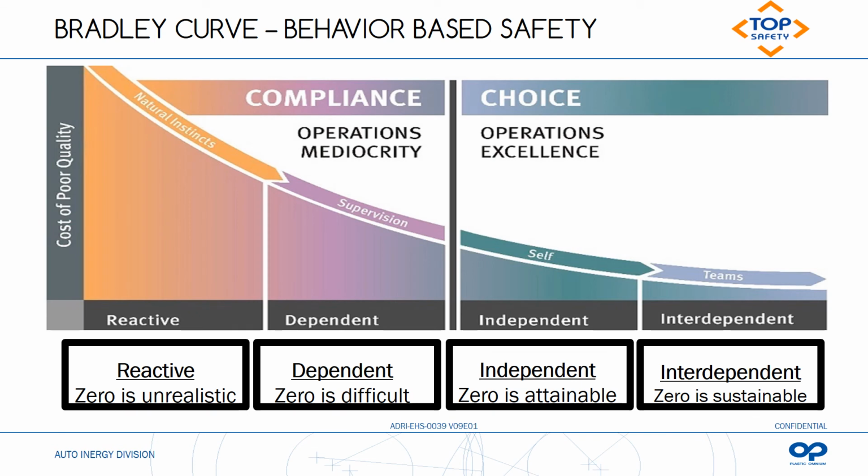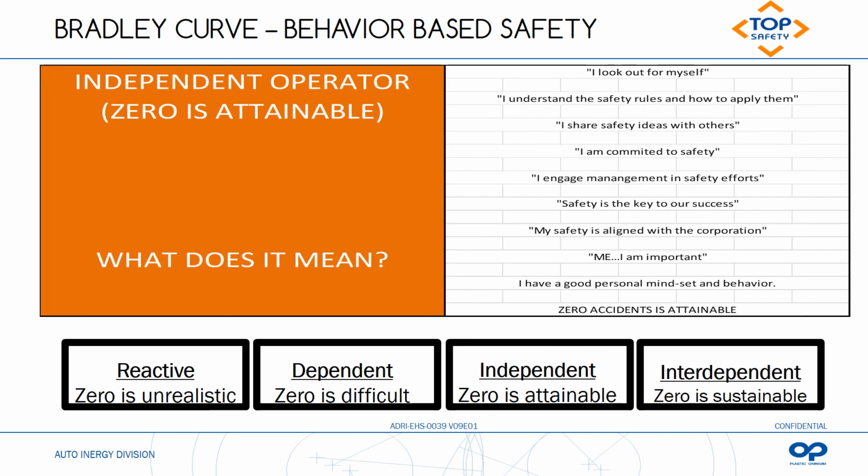Now looking at independent. An independent operator, 0 is attainable. Well, this means I look out for myself. I understand the safety rules and how to apply them. I share safety ideas with others. I am committed to safety.